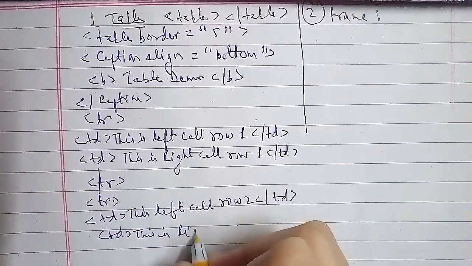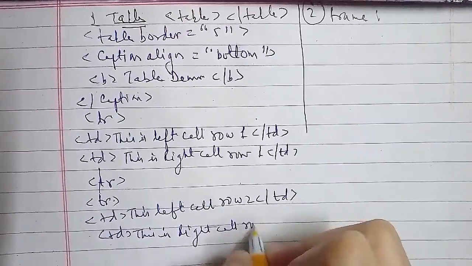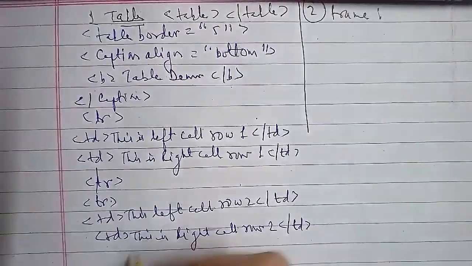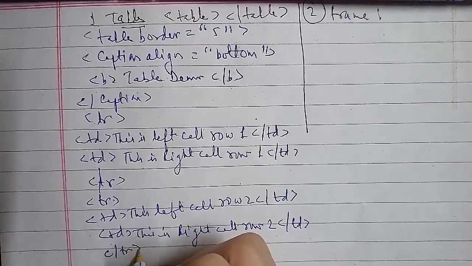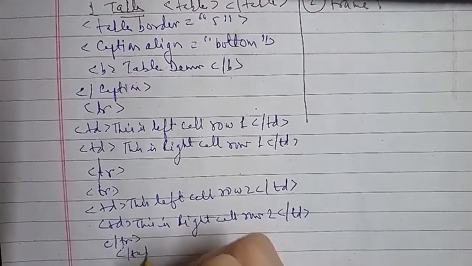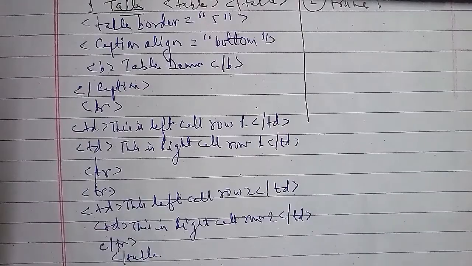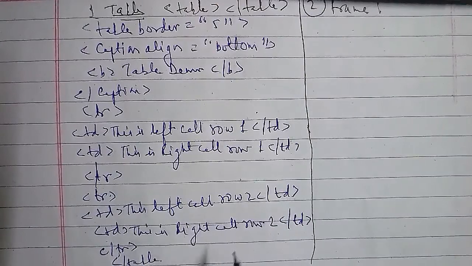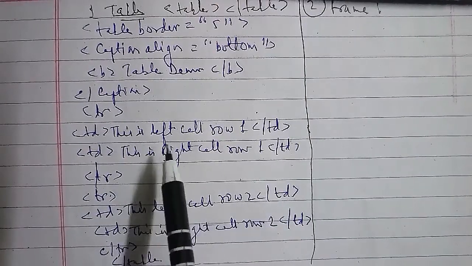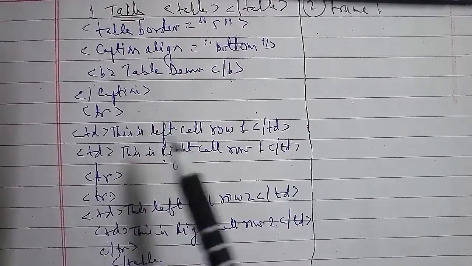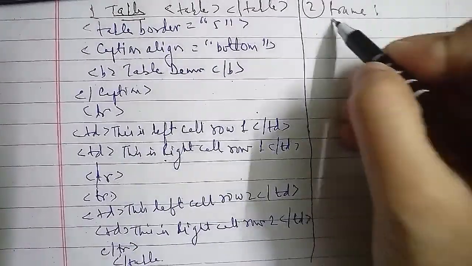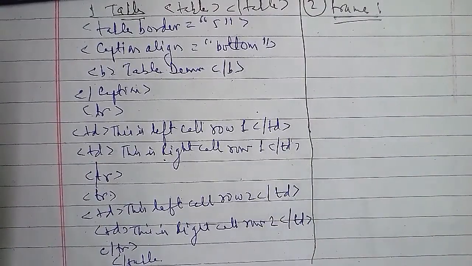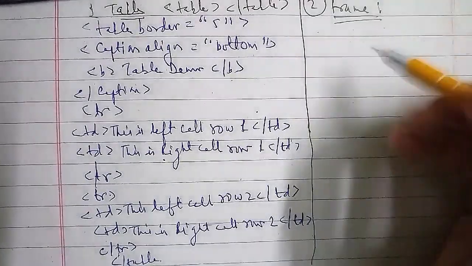Here we'll go ahead with another one, and that is the frame. In the case of the frame, as I told you, to set the frames in the browser window we use the frameset, and we write it like frameset cols equals to 150, asterisk. This will allow us to divide the window into 2 columns, that is 2 vertical frames, where one frame occupies a size of 150 pixels and the other occupies the remaining portion of the window.